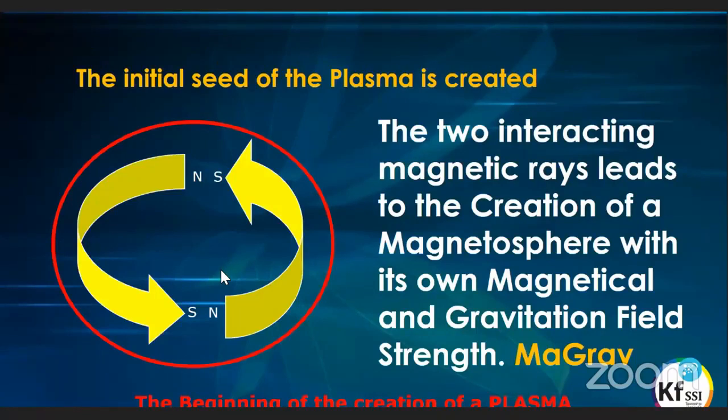And when you have the two interacting magnetic rays, it leads to the creation of a magnetosphere with its own magnetical and gravitational field strength. So that tiny little entity now has its own magnetical gravitational strength from the combination of the two, creates a new strength.